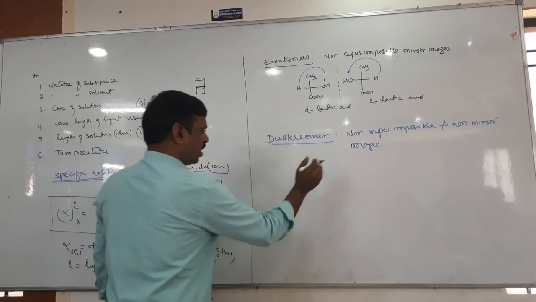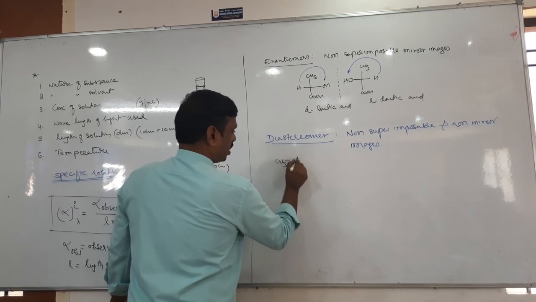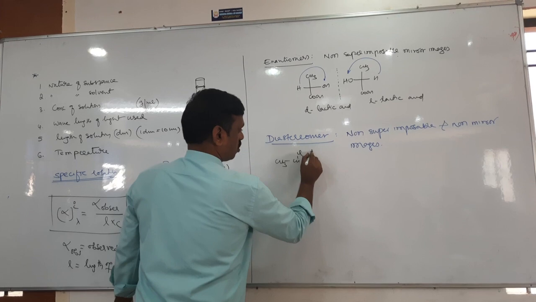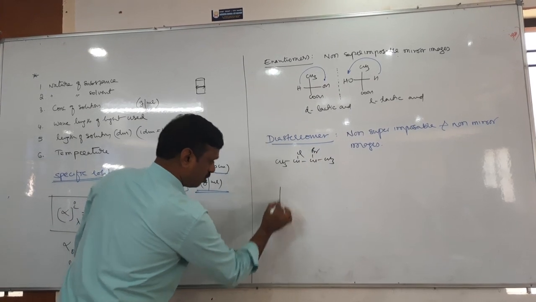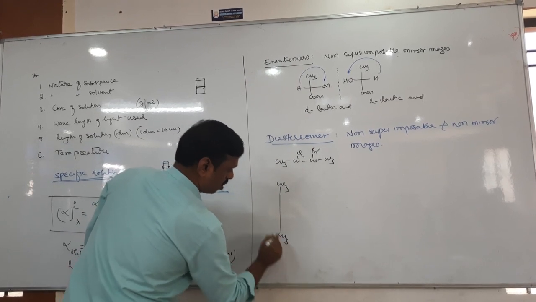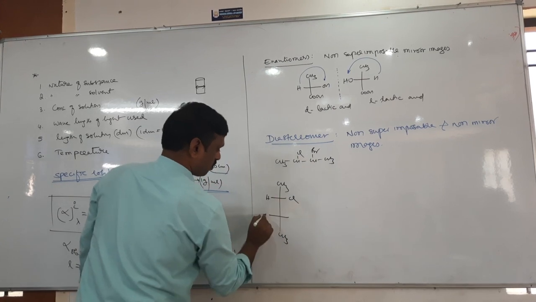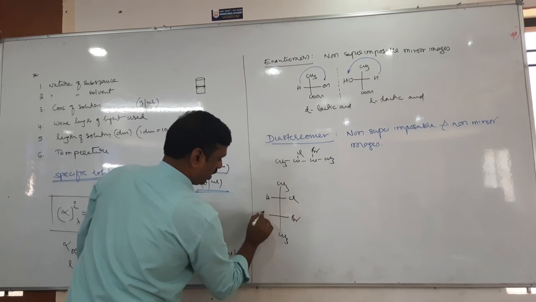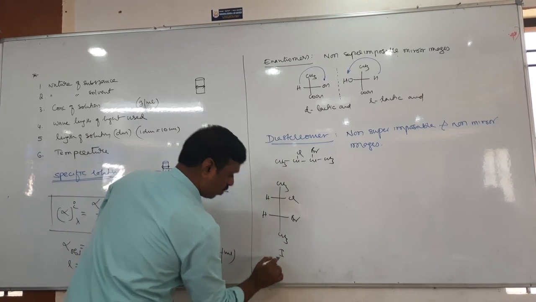Okay, let us take one example. CH3, CHCl, CHBr, CH3. If I write the structure, CH3, CH3, and chlorine, this chlorine, H, bromine, H. Okay, take this as structure 1.